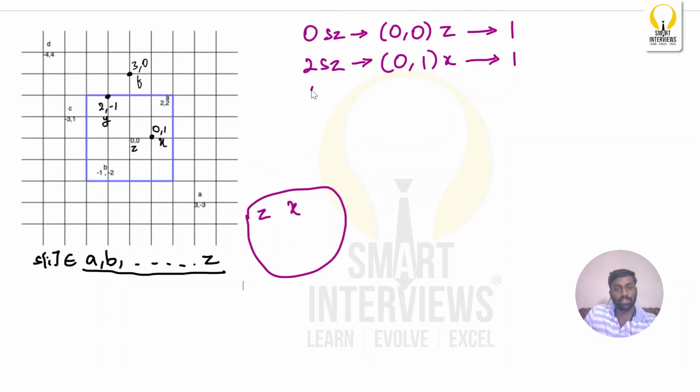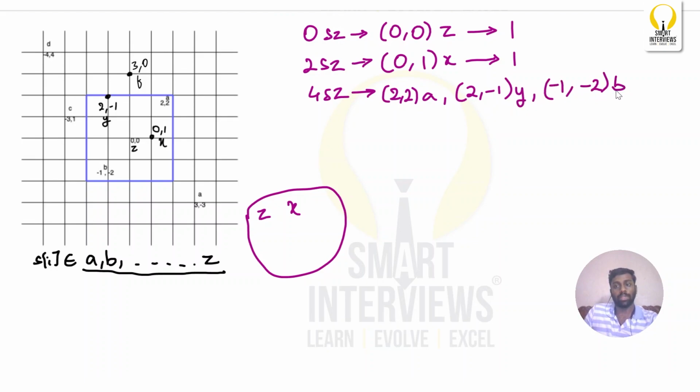So, what comes next? The 4 sized square. If I take the 4 sized square, what are all the points I come across here? For the 4 sized square, I come across the points 2 2 a, then 2 minus 1 y, and then minus 1 minus 2 b.